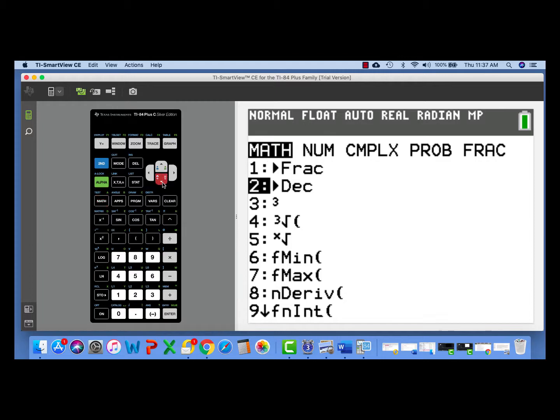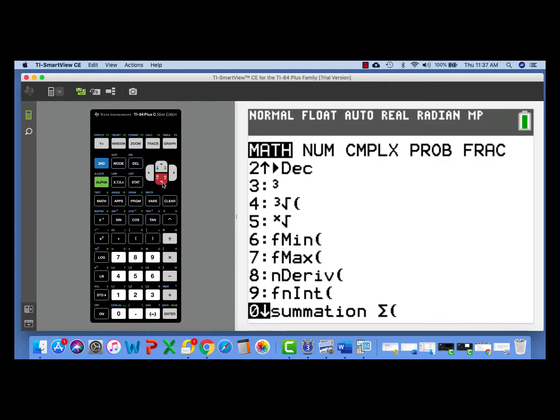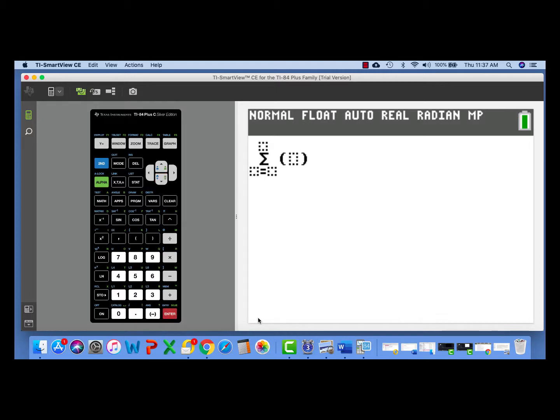Then you are going to scroll down and look for summation notation. On my calculator, it's option 0. And I'm going to hit enter. And then it's going to come up where you can put in all those values. So I'm going to put in x equals 1. That was our example where we had a starting point at 1. I'm going to use the variable button on my calculator, which is right here in the center next to my alpha button.